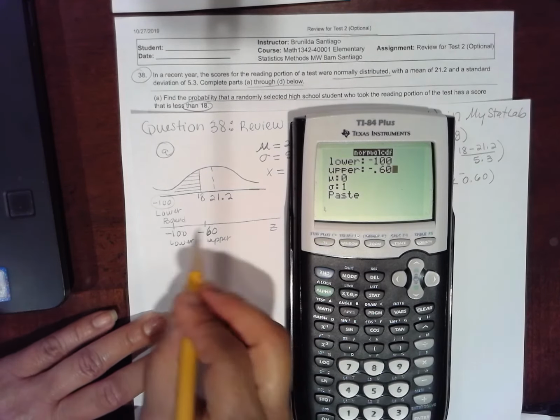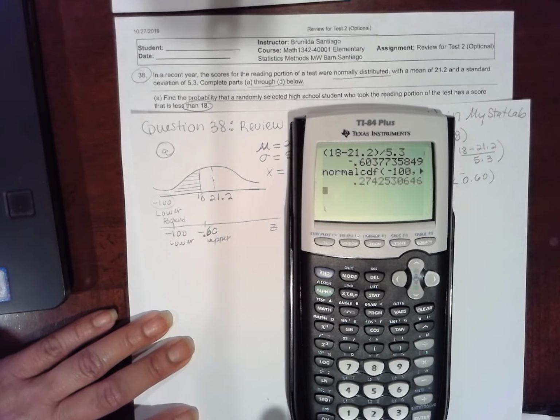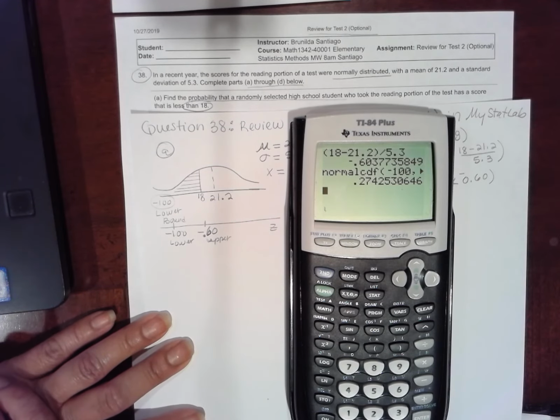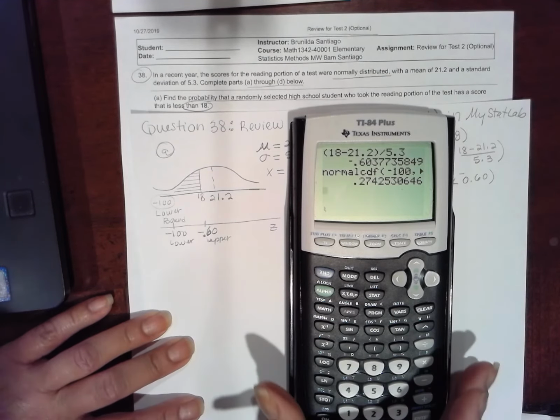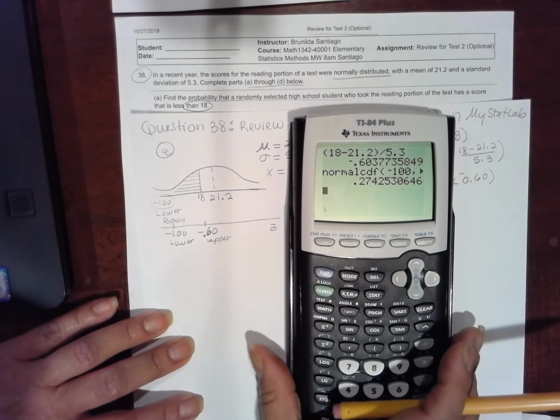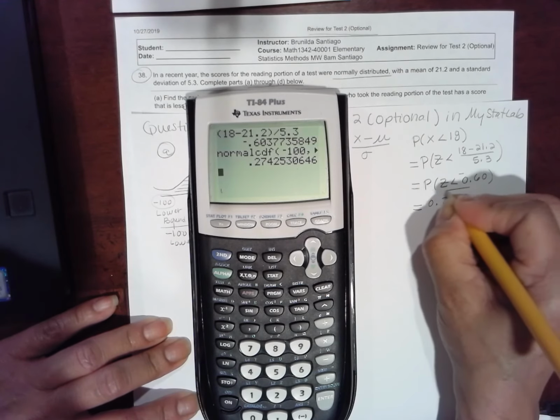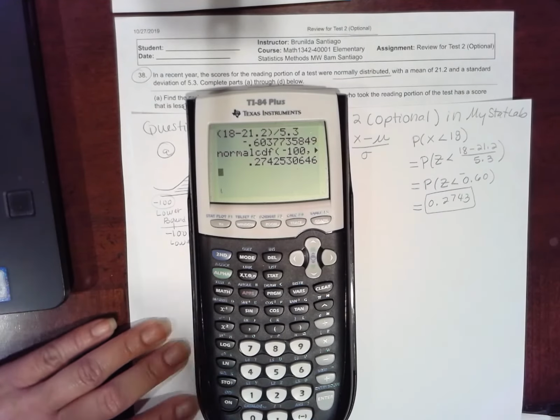Then you just press enter, and the probability is 0.2743, because the 2 is followed by a 5. This probability will come from the table. 0.2743 is the answer for the probability.